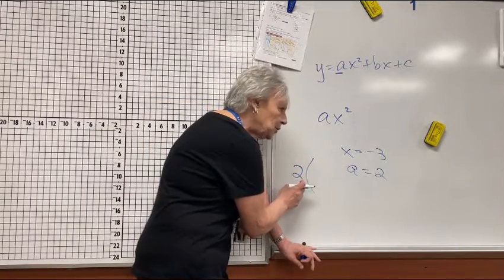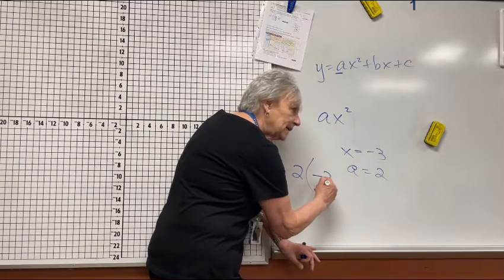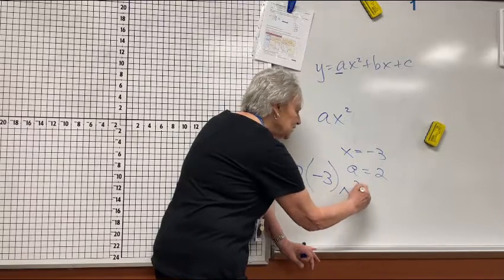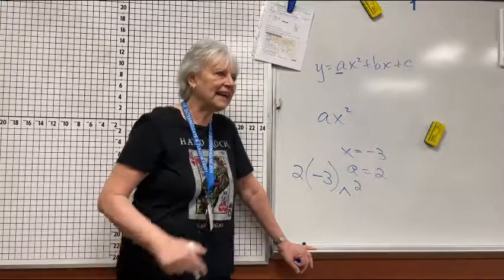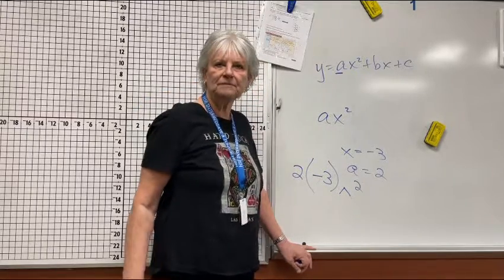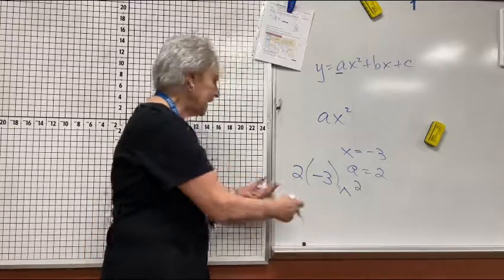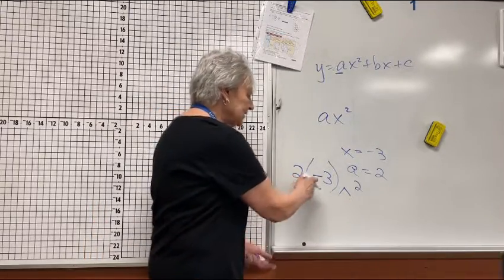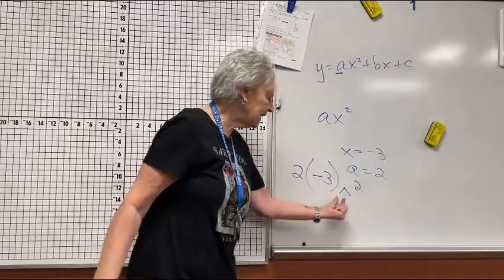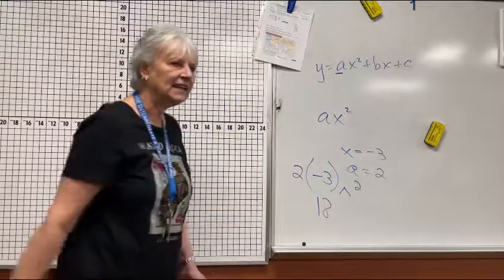It's going to be 2, left parenthesis, negative 3, right parenthesis, caret 2. That caret will take it to whatever exponent you have. If you have a calculator, you might try it. You should get 18.